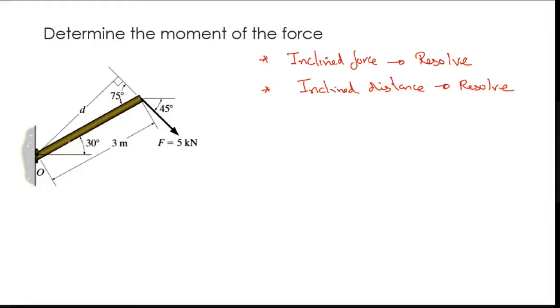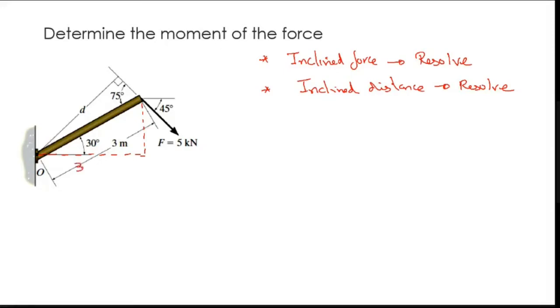It is 30 degrees here, and this distance is around 3 meters. In that case, if I draw a horizontal line and a vertical line, right? I am resolving this 3 meters in terms of x and in terms of y. If I resolve it in terms of x, what will I get?